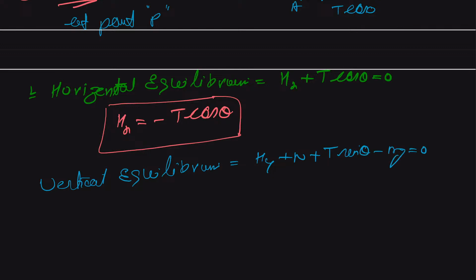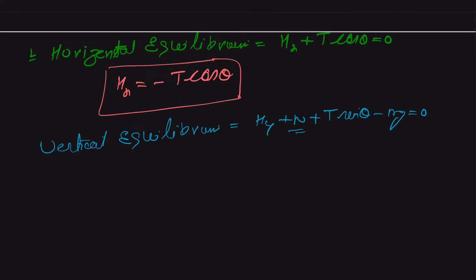But we already know that n is equal to mg. Therefore these two terms cancel out, and we get that h of y is equal to minus T sine of theta.